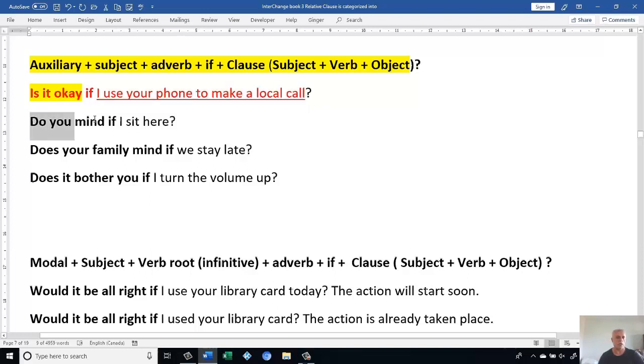Number two, do you mind? The first sentence, if, the connection between the two. Then we have the other sentence, I sit here. Same thing, we see we have two sentences. This is what we call clause one.